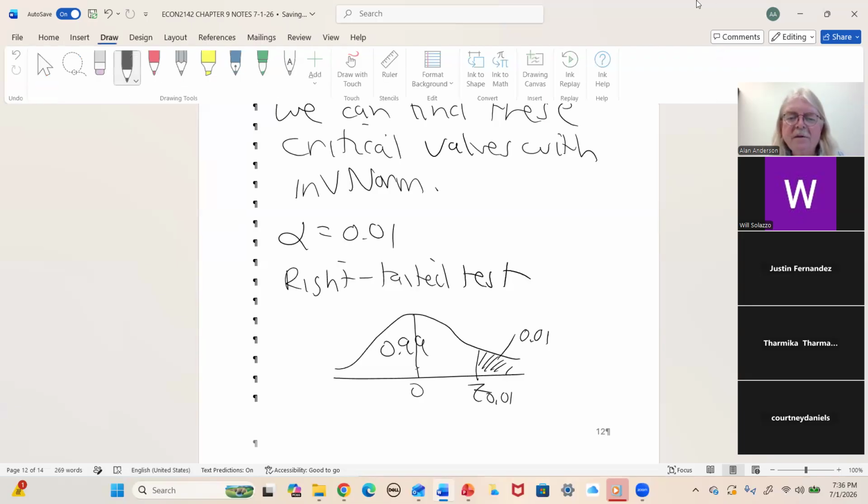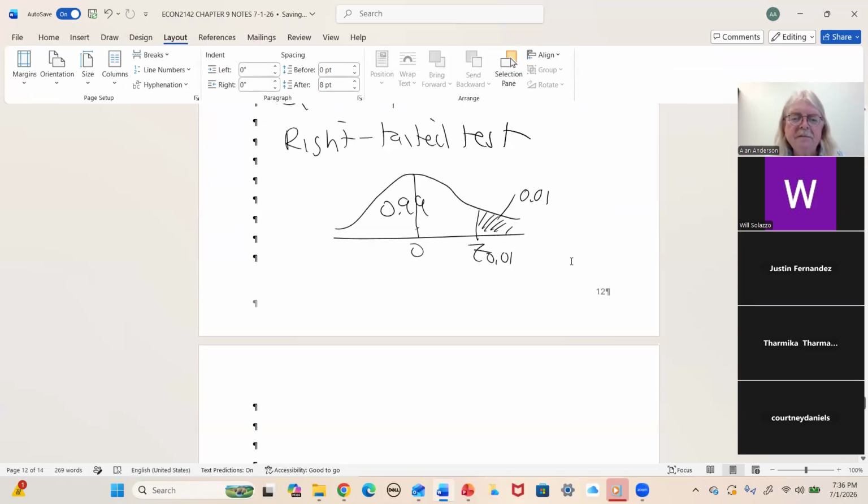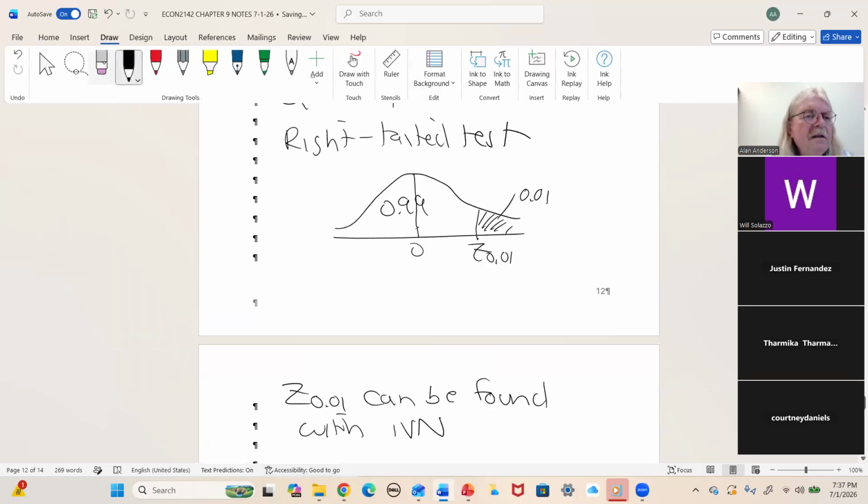And how we do that is with INV norm on the calculator.